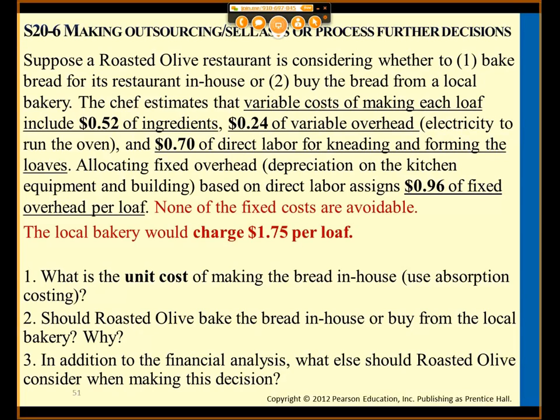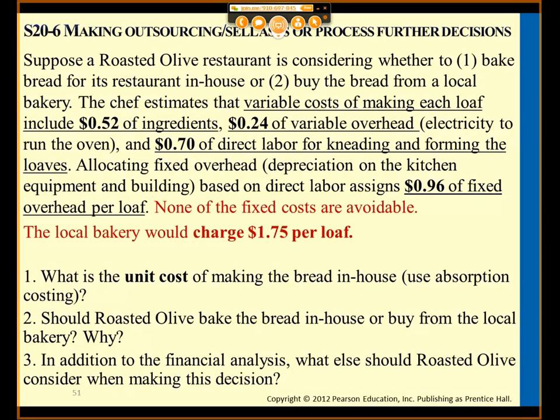That's going to include 52 cents for ingredients, 24 cents for variable overhead, and 70 cents direct labor for kneading and forming the loaf. Allocating fixed overhead, depreciation of the kitchen equipment and building, based on direct labor assigns 96 cents of fixed overhead per loaf.